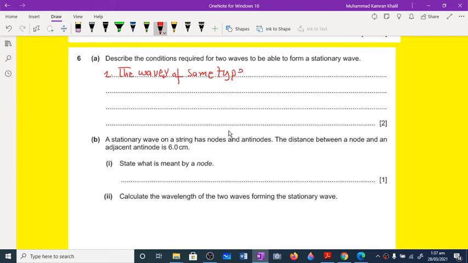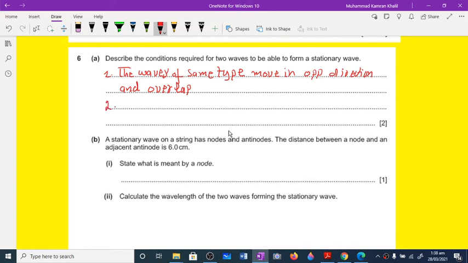The waves of same type move in opposite direction and overlap. This is the first condition which you have to write down. If you do not write down the same type, you will not get the credit for this answer.